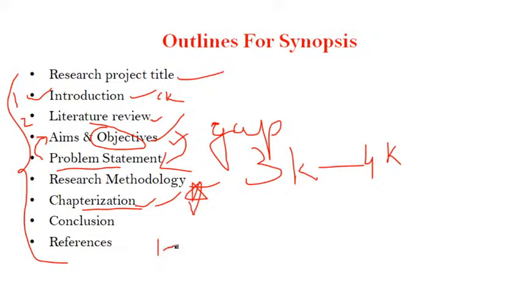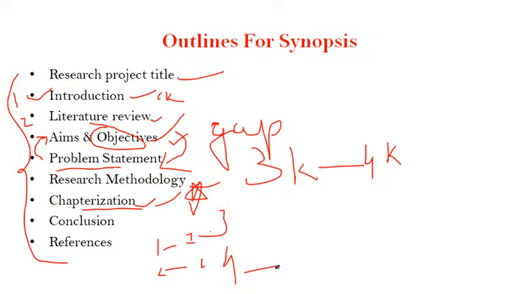Under the first chapter, the introduction part will come. Second chapter, literature review. Third chapter, research design. Whereas in the fourth chapter, the data analysis and discussion part will come.